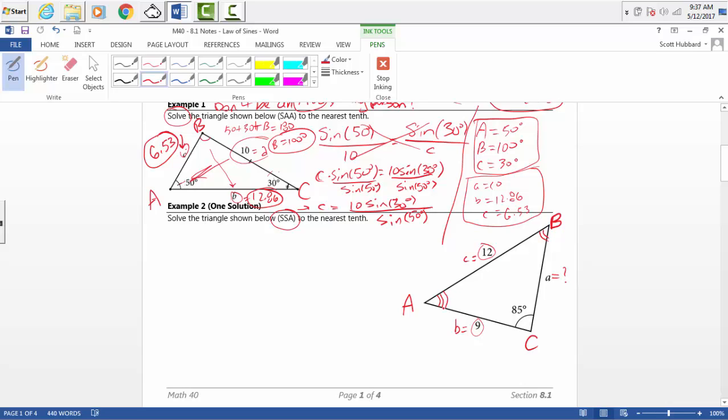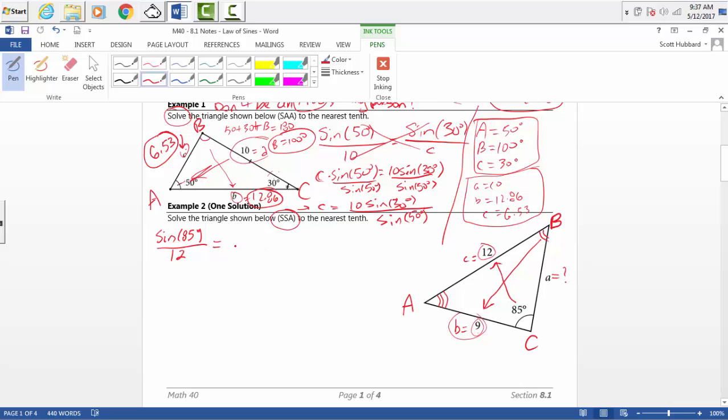Okay, so what we can do is we can still set up one of our sine laws. And so I'm thinking sine 85 over its opposite side. That has to equal. Now we can choose. I'm thinking of choosing this one of the B here because that's going to go right there.